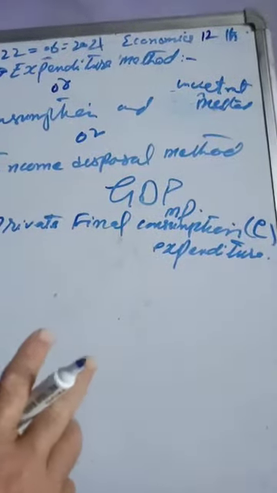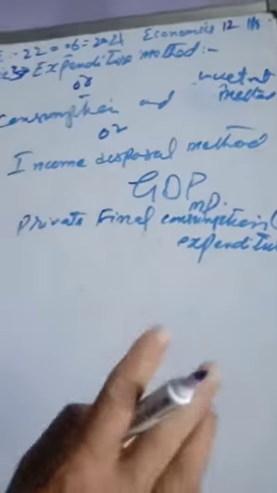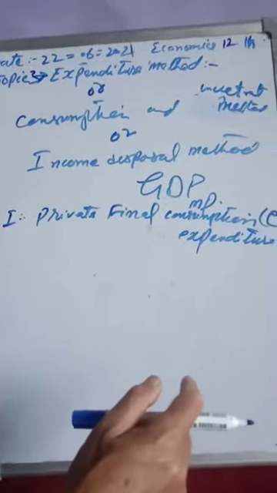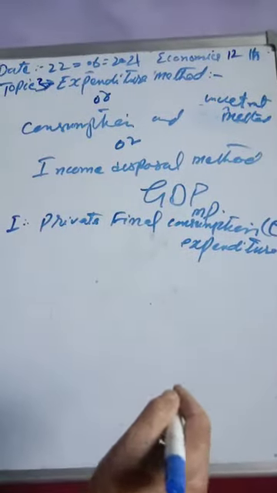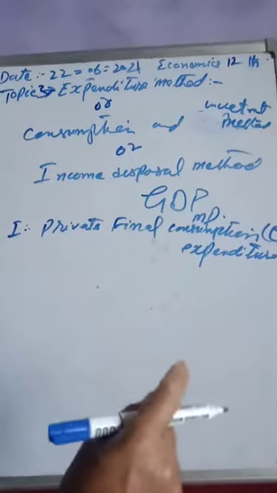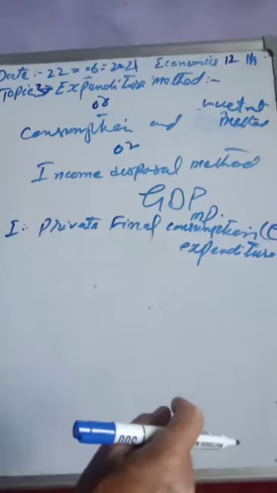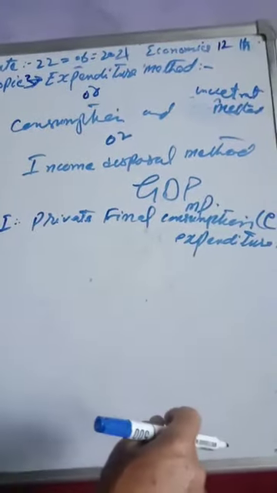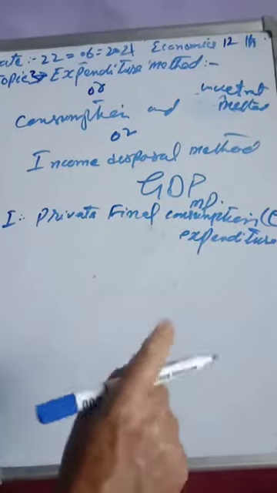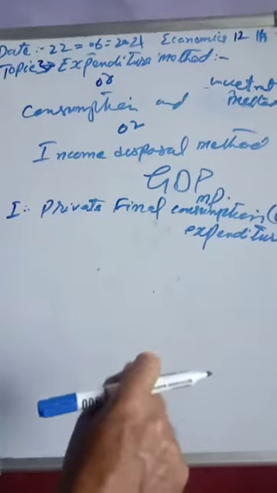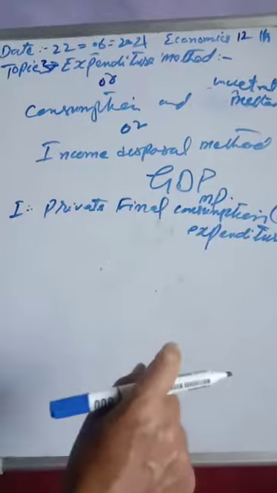It refers to expenditure on final goods and services by individuals, households, and non-profit private institutions serving society, like HelpAge. It includes consumer services, consumer non-durable goods, that is goods which are not repeatedly used, like butter or milk. And number 3 is consumer durable goods, which are repeatedly used for several years, like furniture and washing machines.